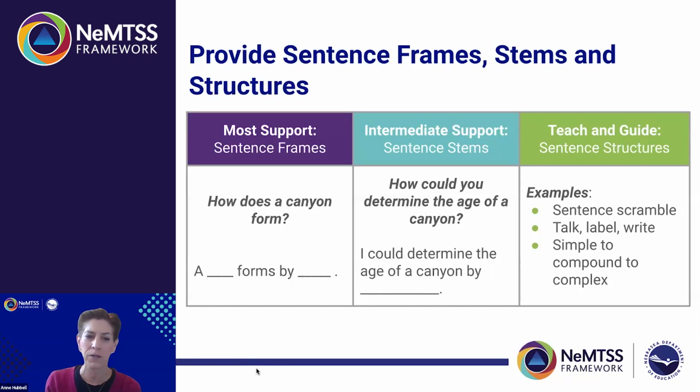The strategy of using sentence frames, stems, and structures makes academic language visible for all students. Here we can also make connections back to the universal design for learning and guiding students' information processing and building fluency with gradual levels of support for practice and performance.